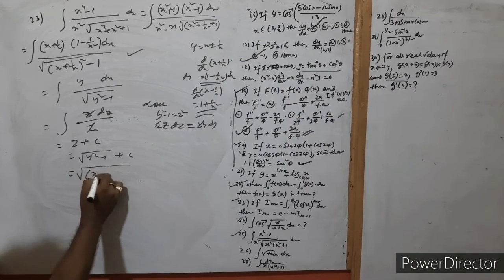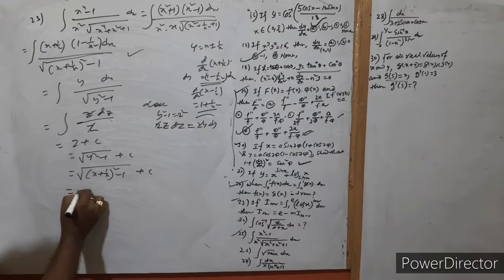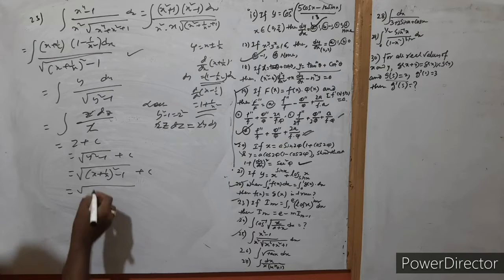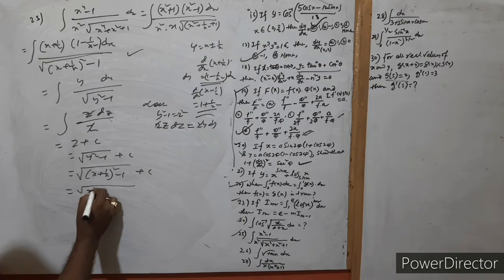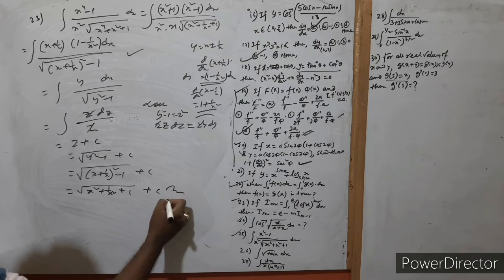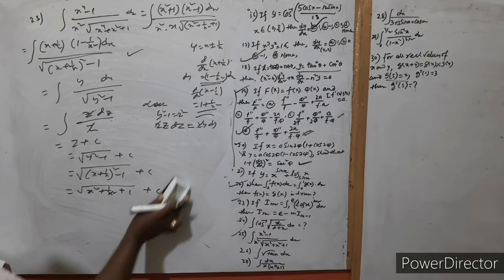That is (x plus 1/x) whole squared minus 1, plus c, and this is your answer. Okay, now see the next problem.